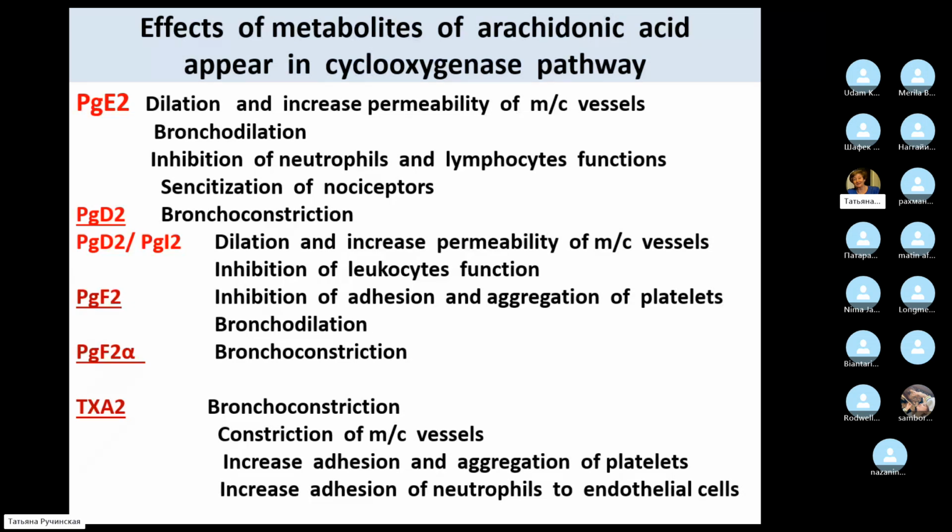This is its main effect. And this is one of the first stages of phagocytosis. It will increase adhesion of neutrophils to endothelial cells, meaning increased expression of adhesion molecules on endothelial cells, and the same on the surface of neutrophils.